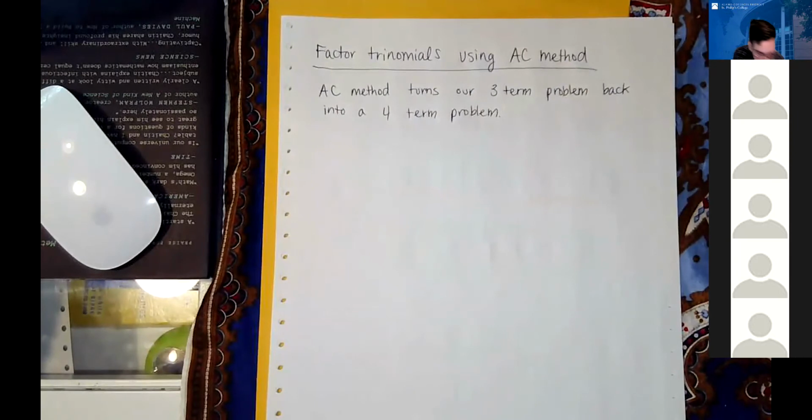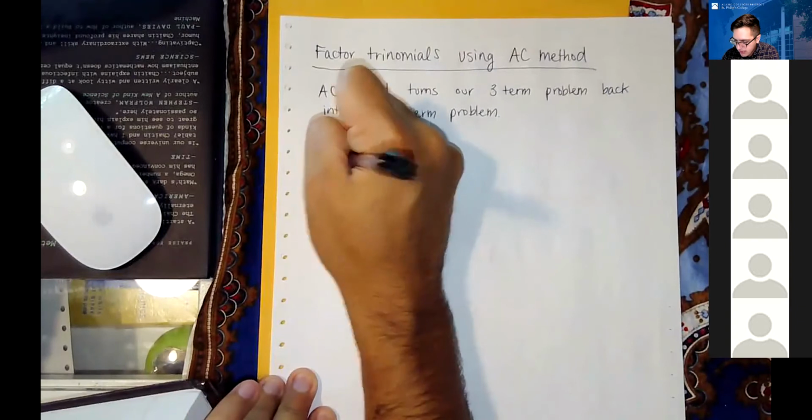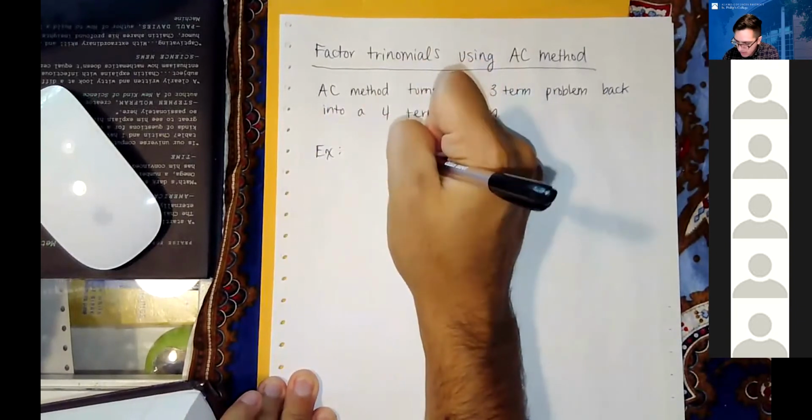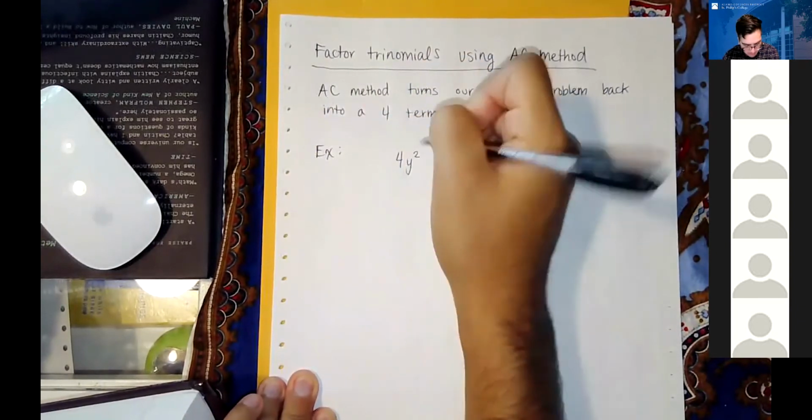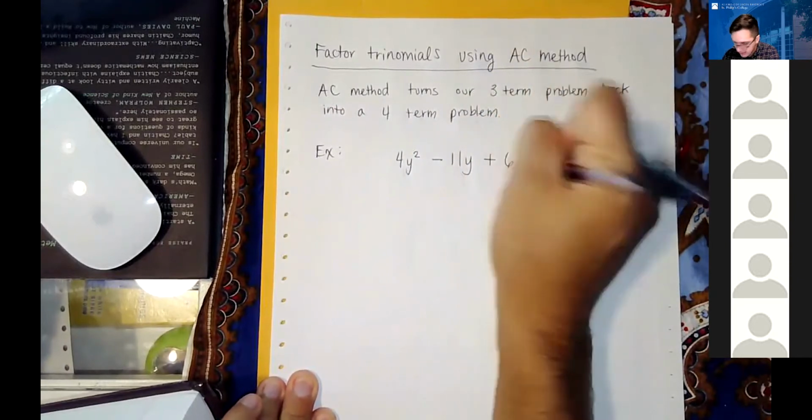Okay, so let me grab an example of a trinomial that we're going to need to be able to factor. So here's going to be our first example: 4y squared minus 11y plus 6.